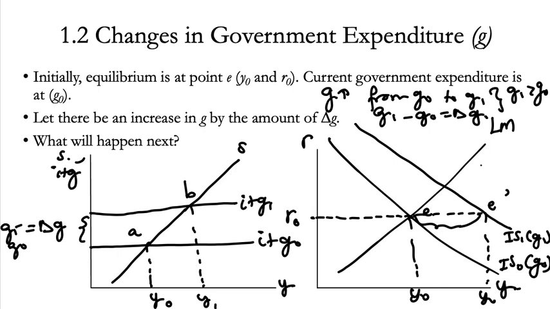Both of them will bid up the interest rate, the cost of borrowing, and therefore it reaches a new equilibrium at R1, at point, let's say, E double prime here. Now because of that, output, instead of increasing from Y0 to Y1, increases from Y0 to, let's say, Y2.